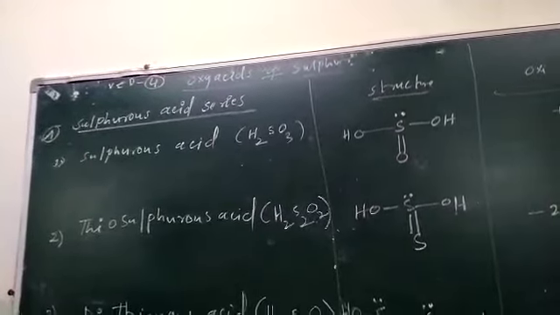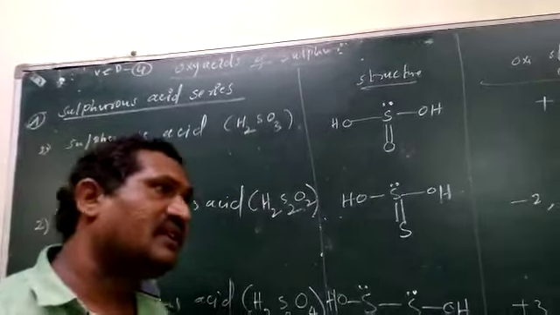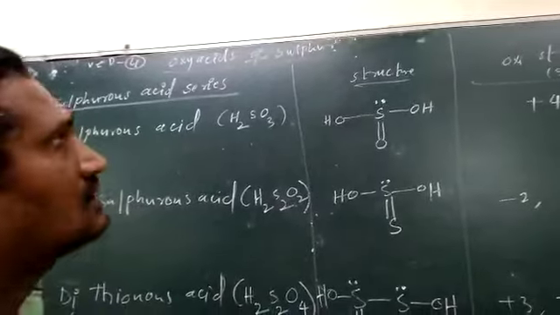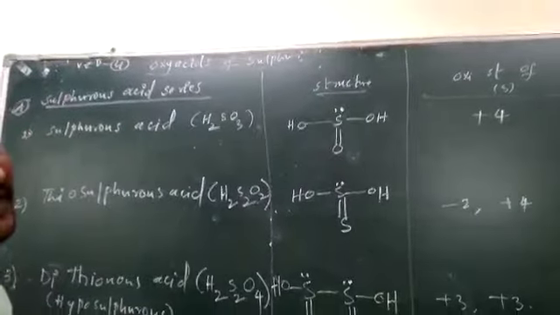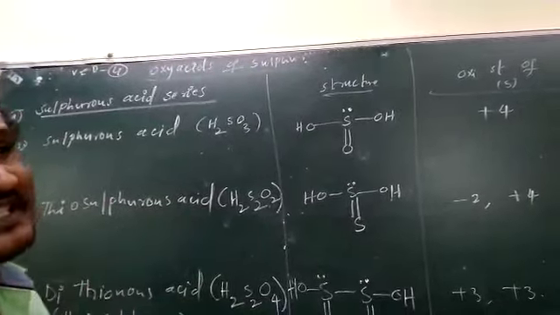Oxy acids of sulfur. When sulfur reacts with oxygen and hydrogen, they form oxy acids. There are four series of sulfur oxy acids.